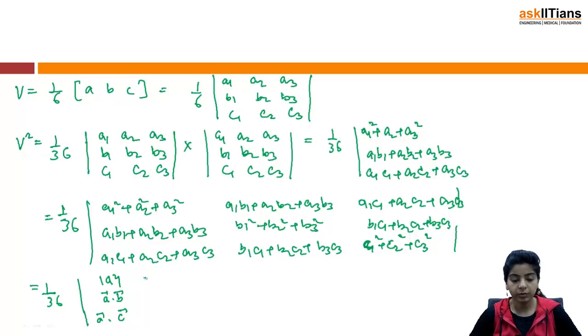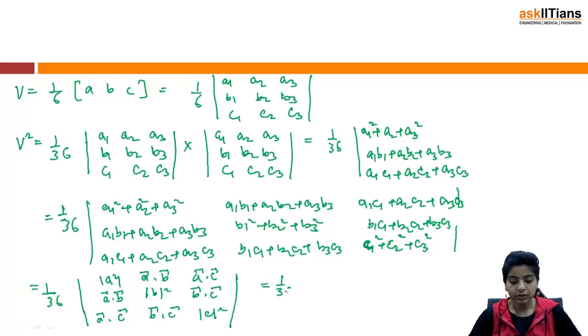This can be written as A dot B, A dot C, similarly B dot C, and this term is A dot C, B dot C, and C square.